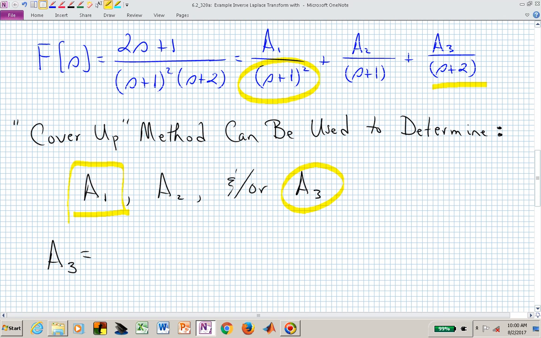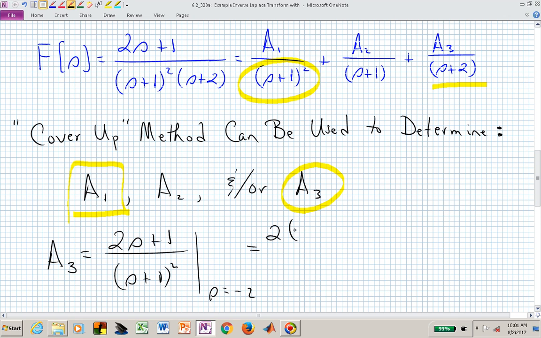We multiply to find a sub 3. We multiply the left side by the factor s plus 2, and the right-hand side we multiply by s plus 2. By evaluating that at s equal to minus 2, everything vanishes on the right except for a sub 3. So we have a sub 3 is equal to 2s plus 1 over s plus 1 squared, evaluated at s equal to minus 2.